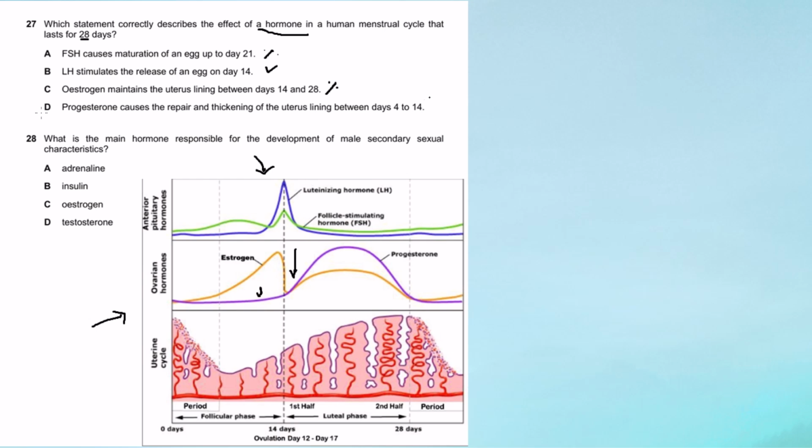So it can't be that one either. Which leaves us with B as our possible answer. This was one of the more complicated ones here. The next one is easier actually. What is the main hormone responsible for the development of male secondary sexual characteristics? It is testosterone, which is the one that causes males to look male.